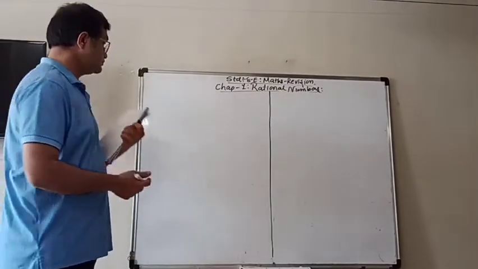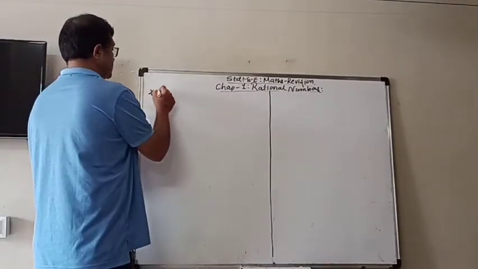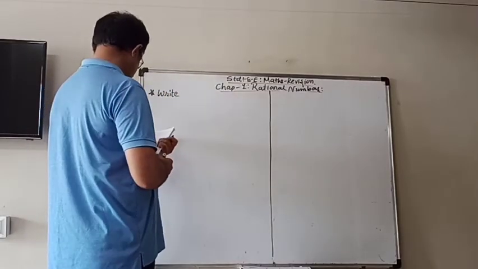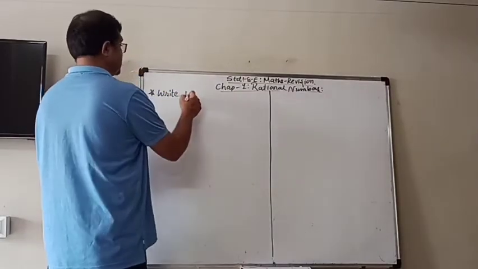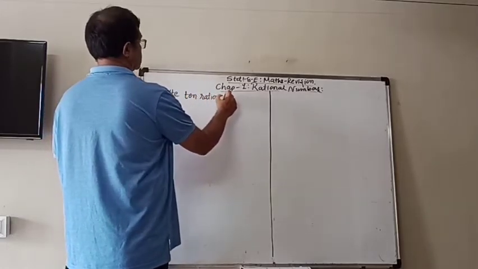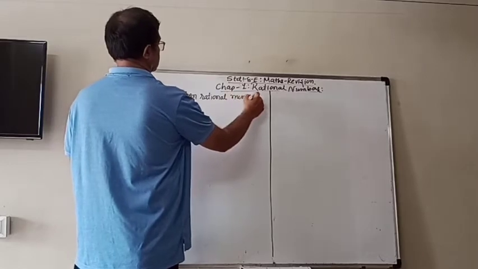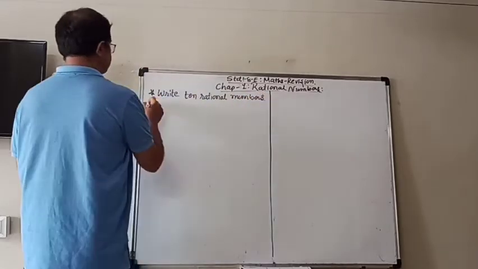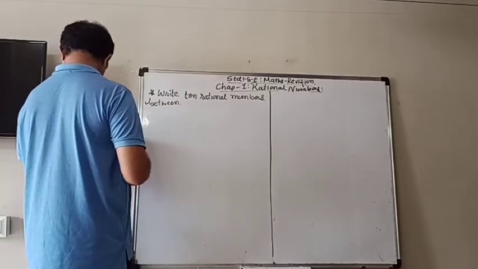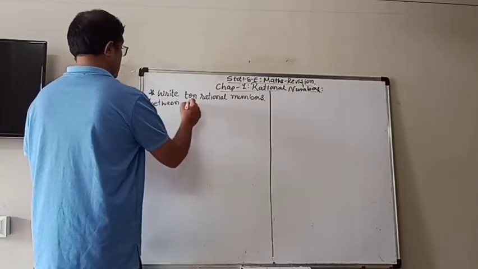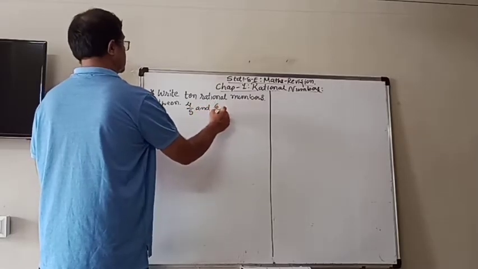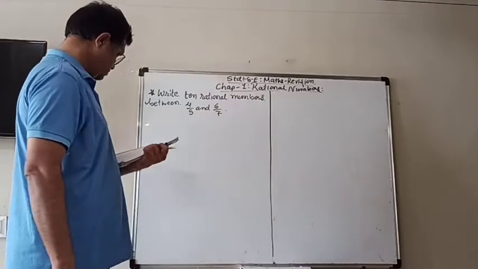Now write 10 rational numbers between 4 upon 5 and 6 upon 7.